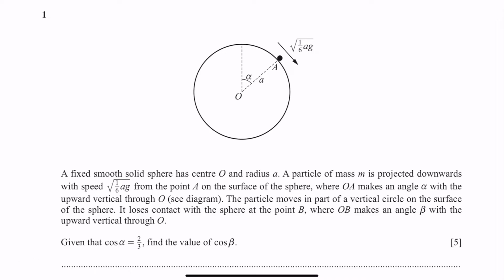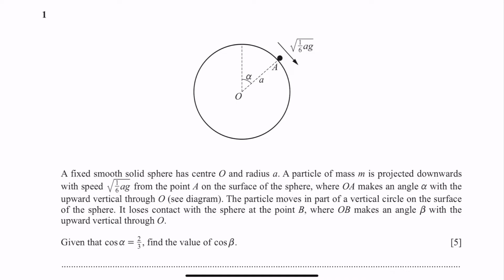For the first question, we have vertical circular motion. We have a fixed smooth solid sphere of center O and radius a. A particle of mass m is projected downwards with speed root 1/6 ag from the point A, where OA makes an angle alpha with the upward vertical through O. The particle moves in part of a vertical circle on the surface of the sphere.